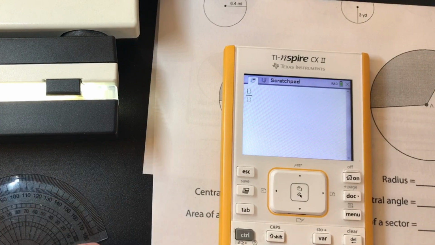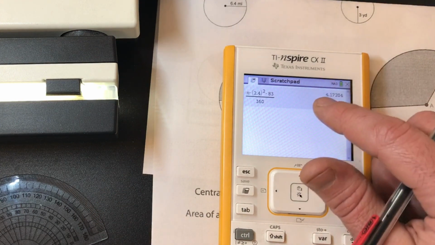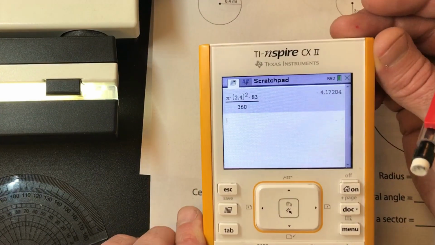So I'm going to go pi times 2.4 squared times 83 over 360. That's right, it's about 4.17.